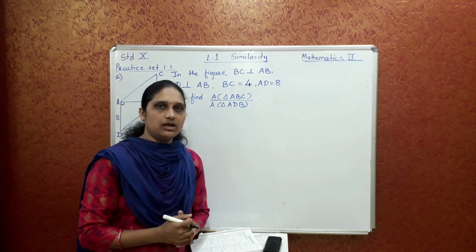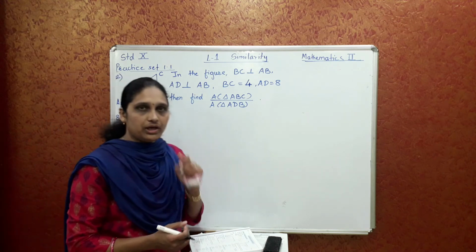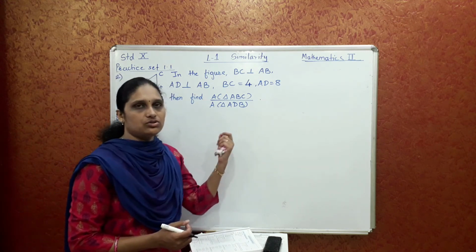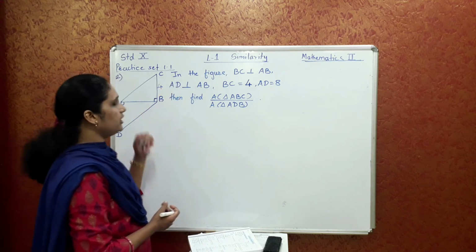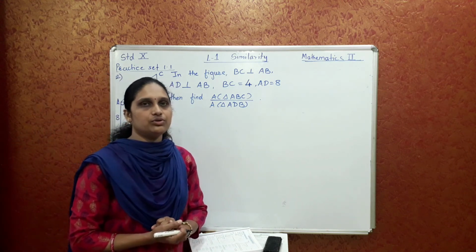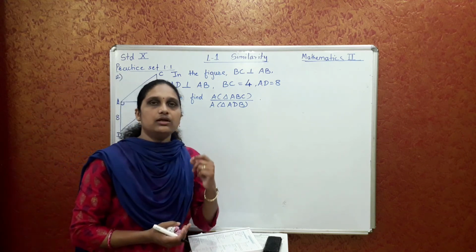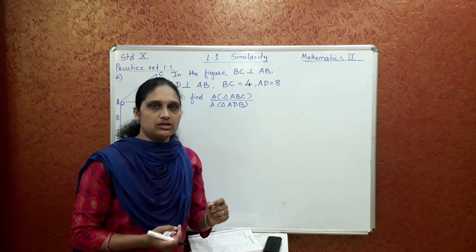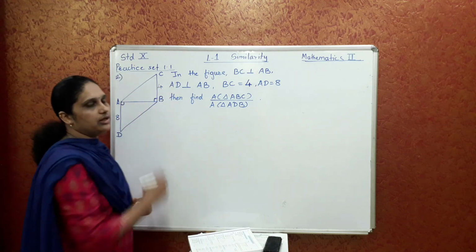So in both triangles, AB is a common base. So the areas of both the triangles are proportional to their corresponding heights. Here we are going to apply the property that when the base is the same, the ratio of the areas of the two triangles is equal to the ratio of their corresponding heights.